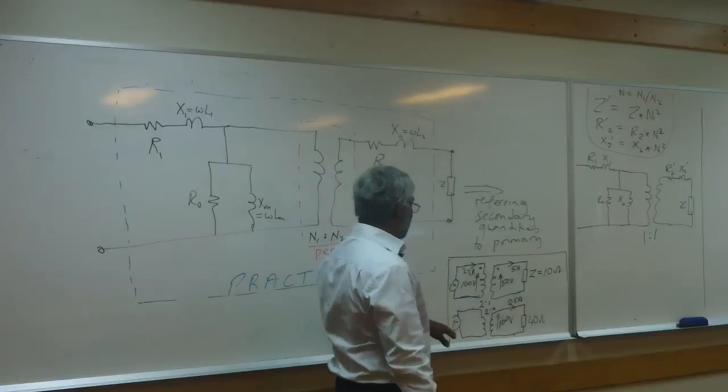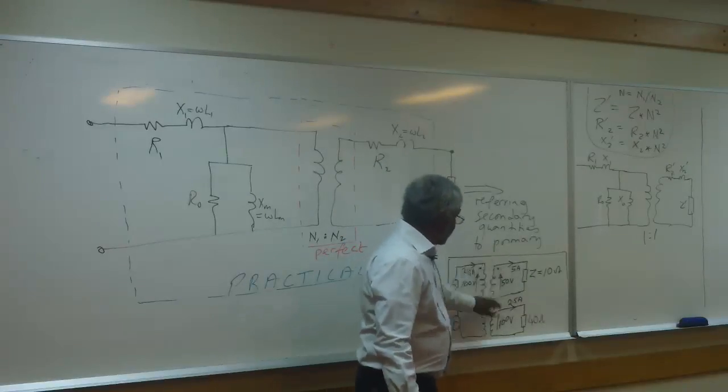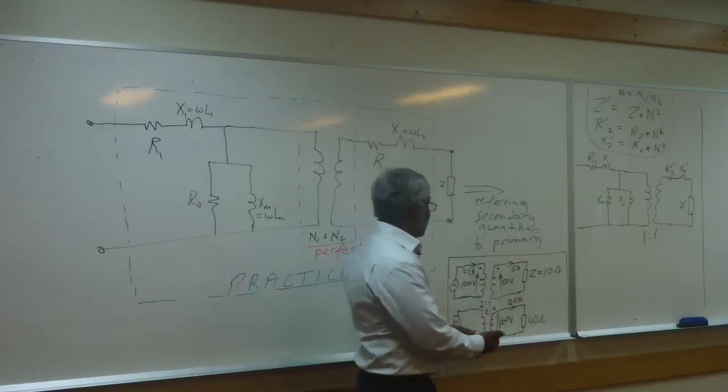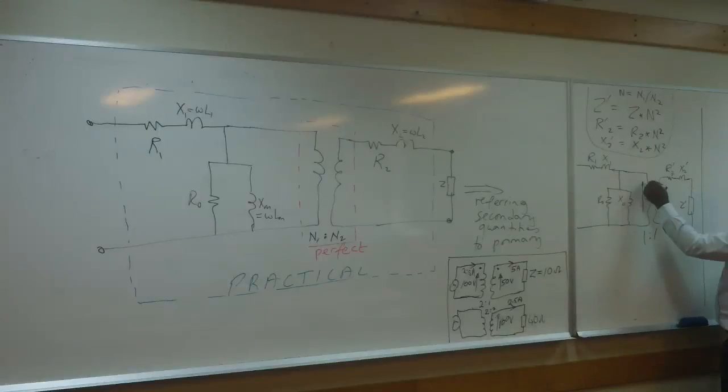Of course, what also happens is that your primary side voltage becomes the same as your secondary side voltage, because this is 1-to-1. So if we call this E, this one will also be E.